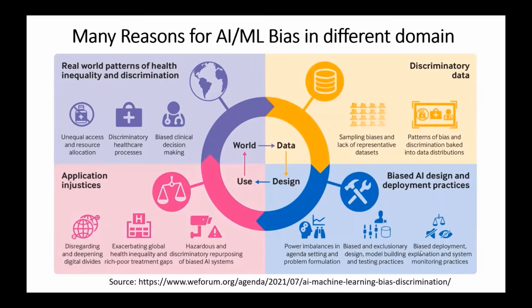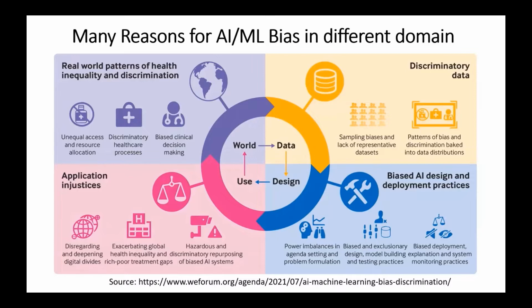So these are in case of healthcare examples, and you can see applications in justice that can also occur, disregarding and depending on digital evidence in the justice system, exacerbating global health inequality and rich-poor treatment gap, and then hazardous discriminatory repurposing of biased AI. So in the decision making also, that's the use part, has also issues in AI ML use.